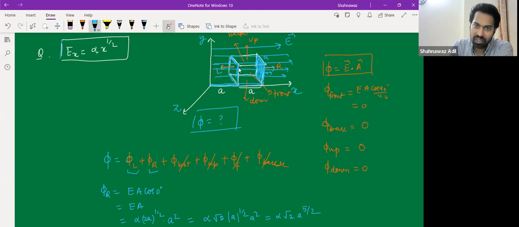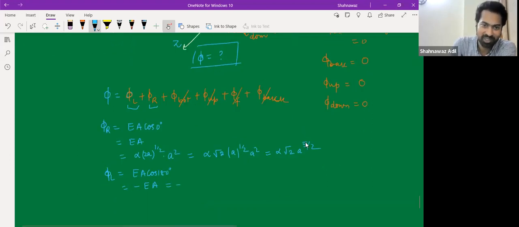So the left surface is placed at x equals a. This right surface is placed at x equals 2a. Left one a, right one 2a. Now you are absolutely correct.